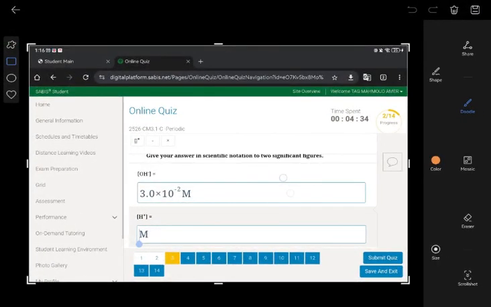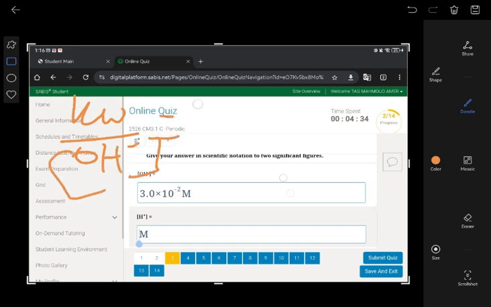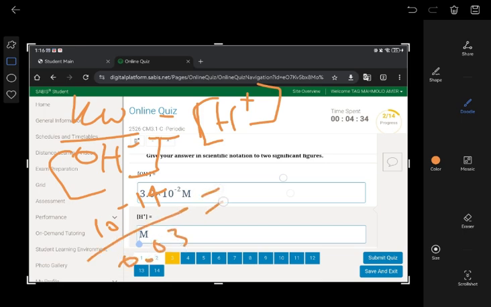So then it's like this, KW over OH minus gives you the concentration of H plus. So 10 to the negative 14 over 0.03 gives you 3.3 times 10 to the negative 13.